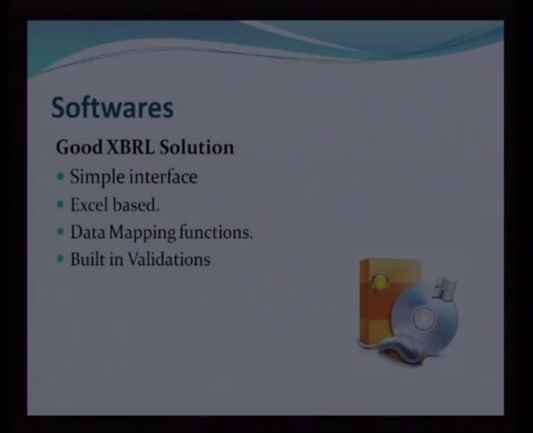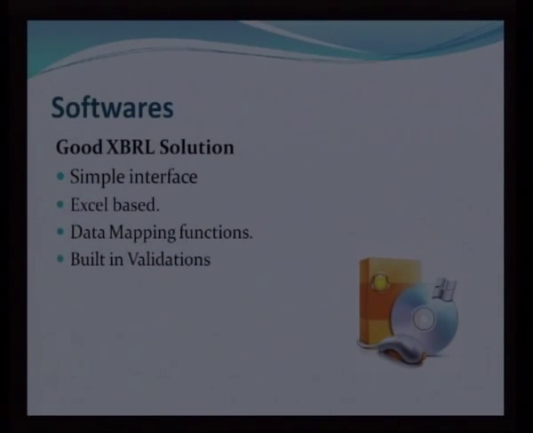It will help in reducing the errors which can occur while mapping the data, and it should have some inbuilt validations, very simple inbuilt validations. Say, for example, if the assets and liability side is not matching, at least it should give an alert that these two sides are not matching.